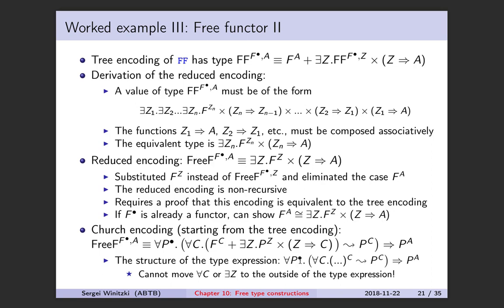You have a universally quantified different type constructor. Then you have a function from your type to that type constructor, and again from that to your type constructor. So that's the general structure of the church encoding.